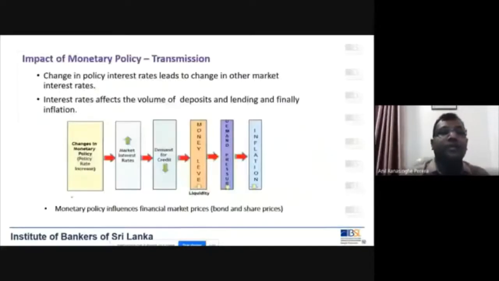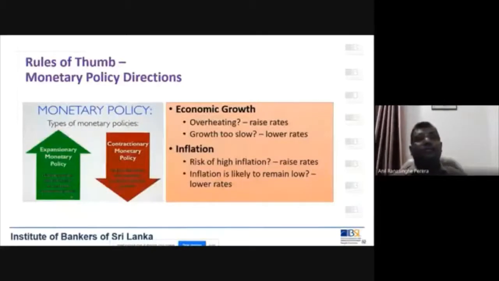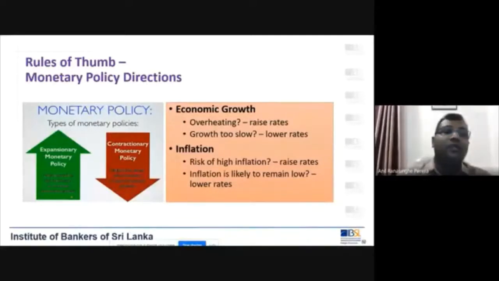Okay? And then how the monetary policy is implemented. I have already used some of these terms, expansionary monetary policy tool. So when we have an expansionary monetary policy tool, what will happen? We increase money, we reduce interest rates. That's the main thing. In a contractionary monetary policy, we increase interest rates and reduce money.